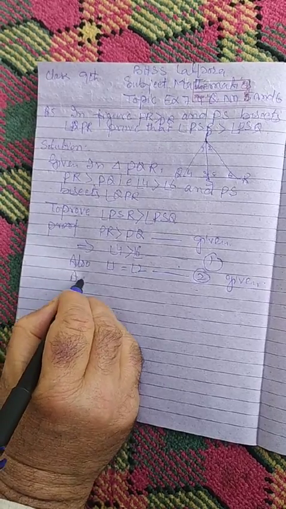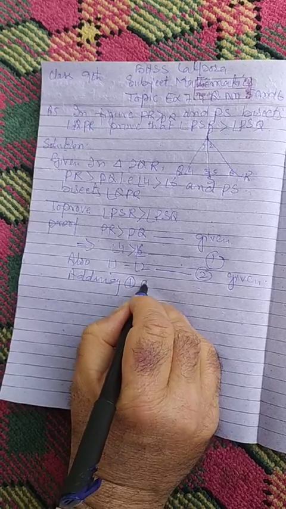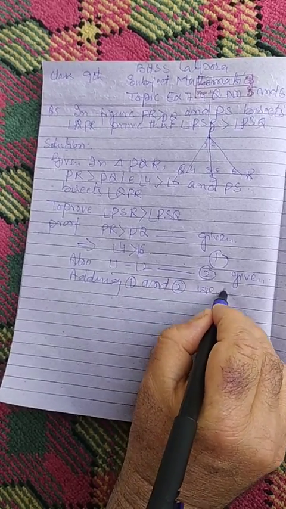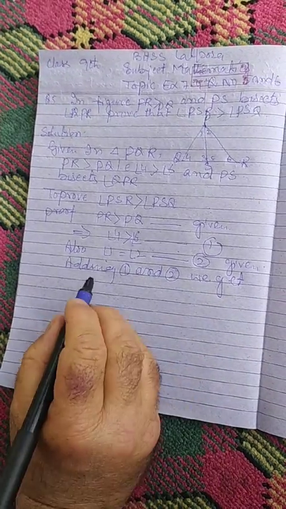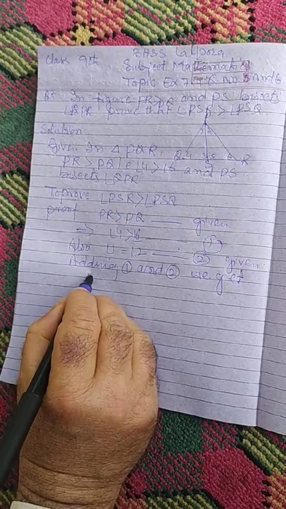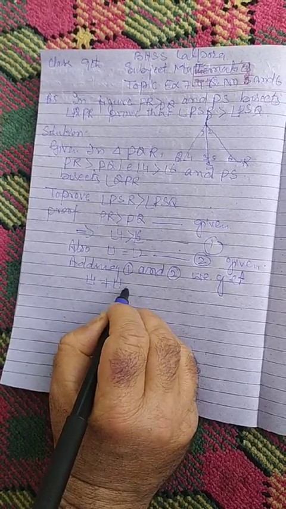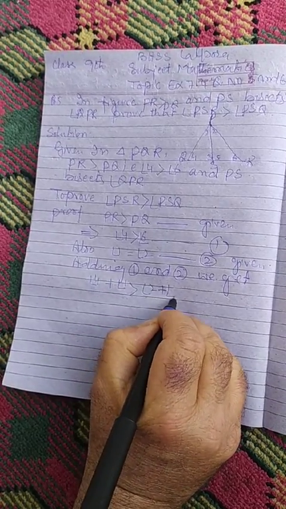Adding first and second, we get angle 4 plus angle 1 is greater than angle 2 plus angle 6.